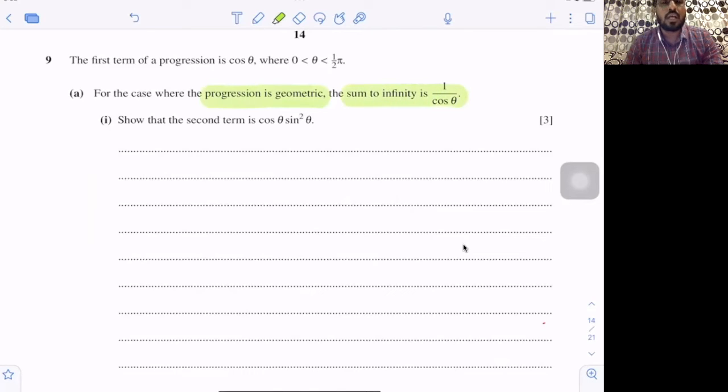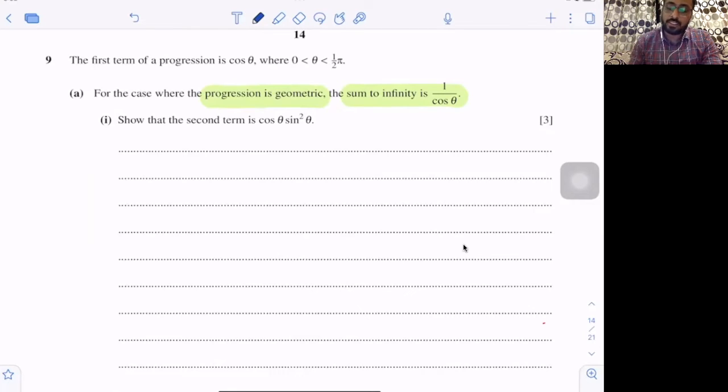Now, students, you want to remember that theta from 0 to pi by 2, if it is in the first quadrant, cos theta will be lying between 0 and 1, right? Cos theta is definitely lying between 0 and 1. And moreover, it is not told that theta becomes equal to 0. Theta is greater than 0. Theta is less than pi by 2.